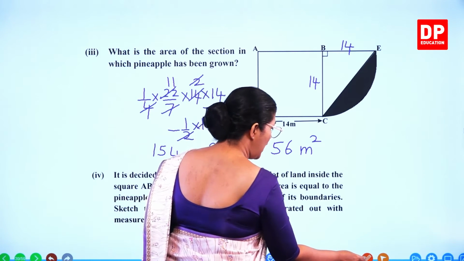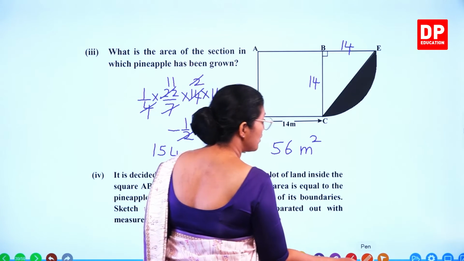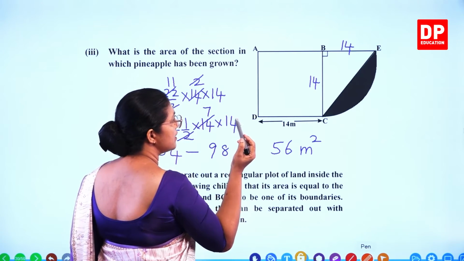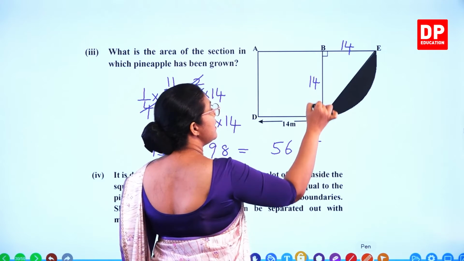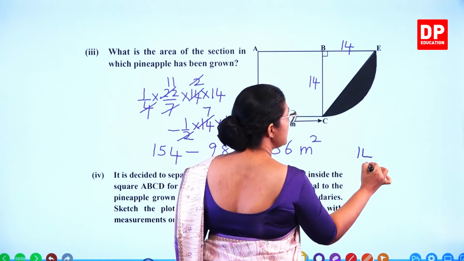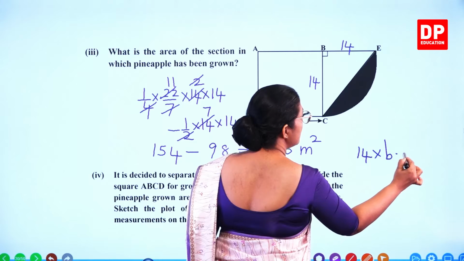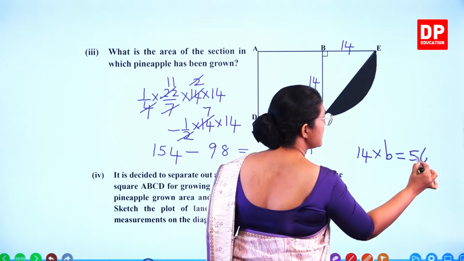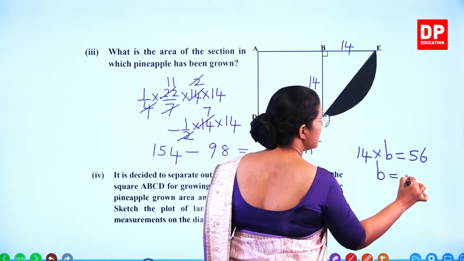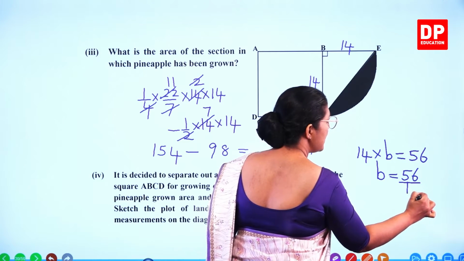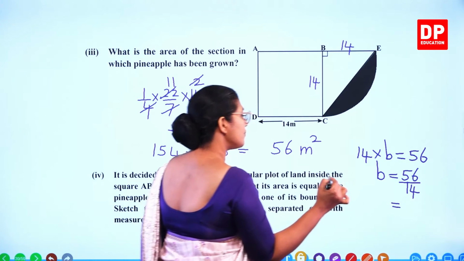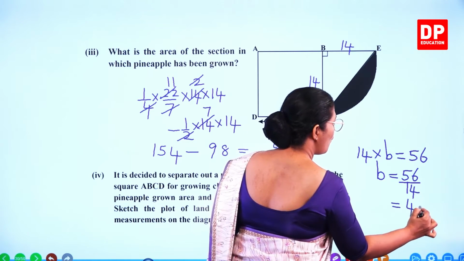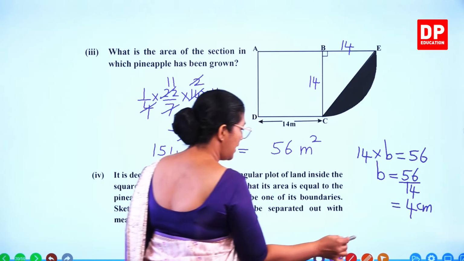So we need to find out the breadth of the rectangle. We know one length is 14. So 14 times breadth should be equal to the same area. That's 56. So what is the breadth of the rectangle? 56 divided by 14. What's the value? 4. 4 meters is the breadth.